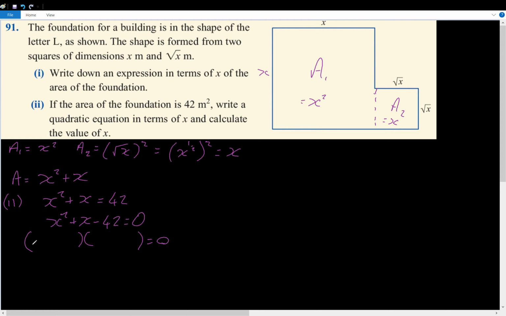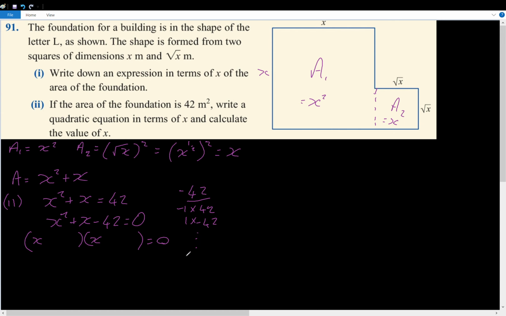So our first term in each bracket are going to be factors of x squared, so it's going to be x and x. And the second two are going to be factors of minus 42 that sum up to 1. If you're not sure what they are, you can just write out all the factors. So the factors of 42 and minus 42 would be minus 1 times 42 or 1 times minus 42, and so on.